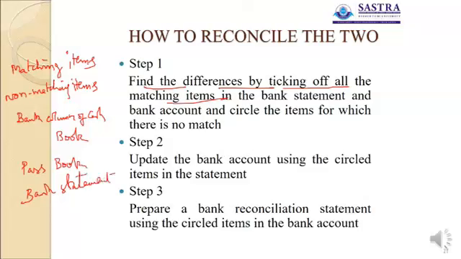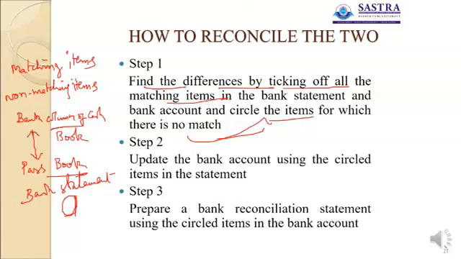So, the bank column of the cash book and passbook balances are to be analyzed, and all the transactions for a specific period or at a given point of time in the bank column of the cash book as well as the passbook are to be taken, and all the matching items are to be noted down. Update bank statement and bank account and circle the items for which there is no match.